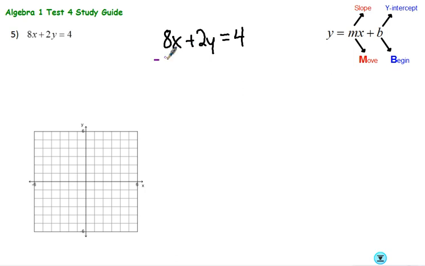When you're moving from standard form to slope-intercept form, moving the x over is going to be the first thing you do every single time. And so you bring down that 2y equals, remember, x in the middle still, negative 8x plus 4.